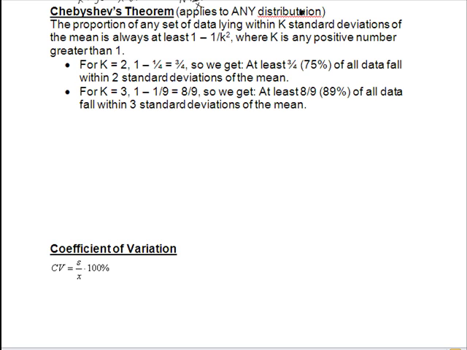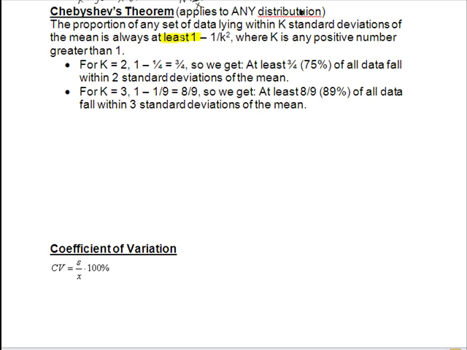And what it says is the proportion of any set of data lying within k standard deviations of the mean is always at least, and notice the use of the words at least, 1 minus 1 over k squared, where k is any positive number greater than 1.